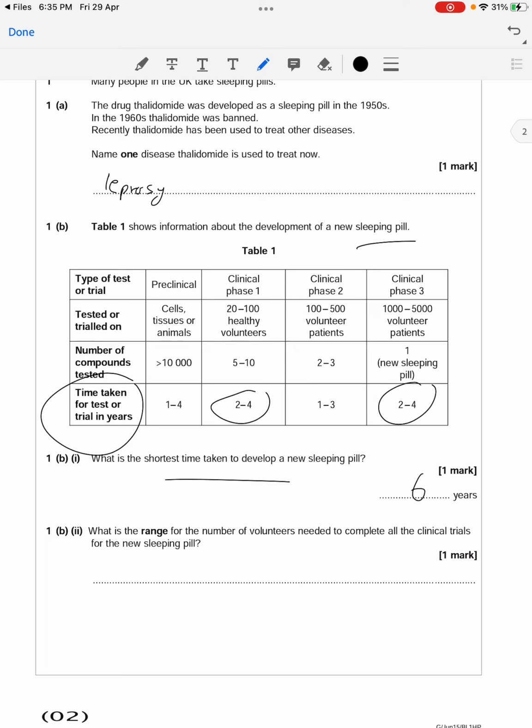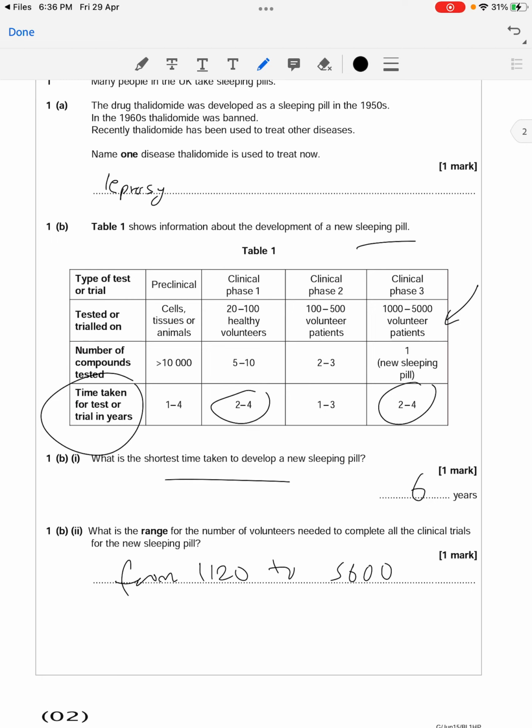So it's 6. What is the range for the number of volunteers needed to complete all the clinical trials for the new sleeping pill? What's the range? We have to understand this. The range should be from 1,120 to 5,600.